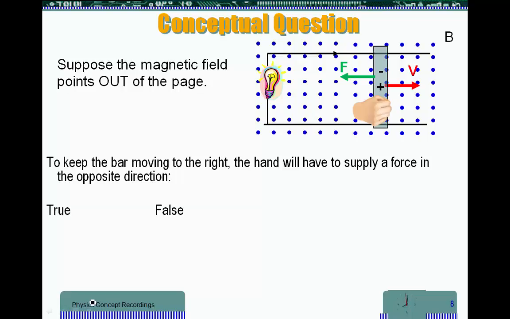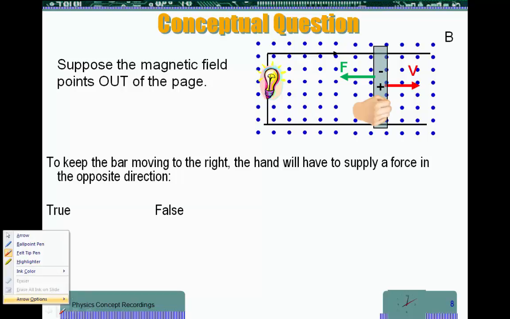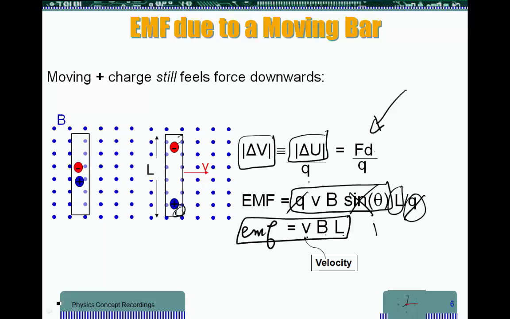Now, let's think of something else. We are going to have a force on that bar. Why? Let me go back here. As the charges move, I have a current within the bar.